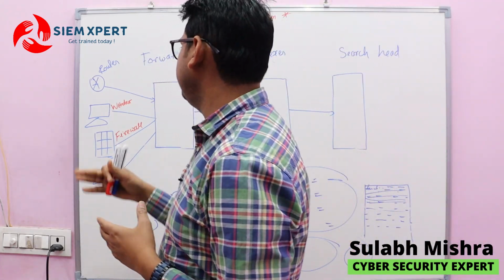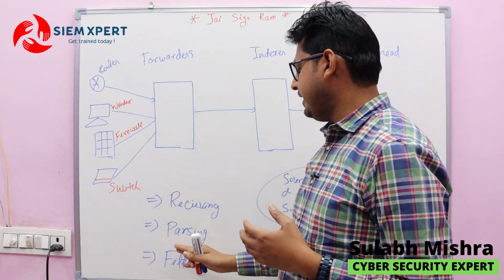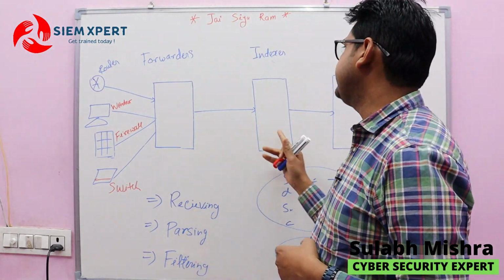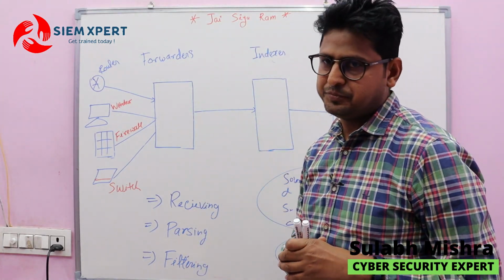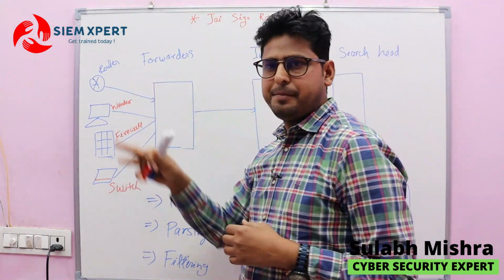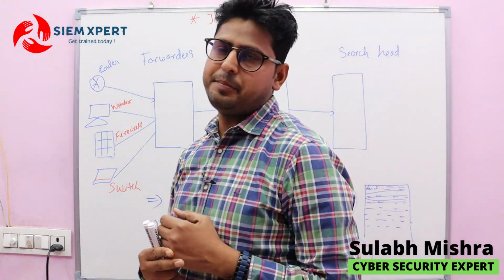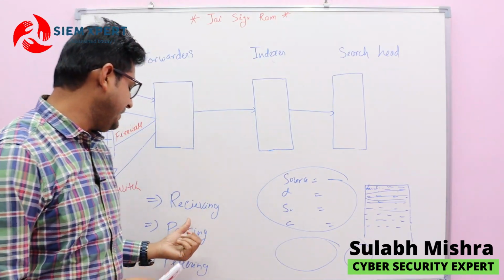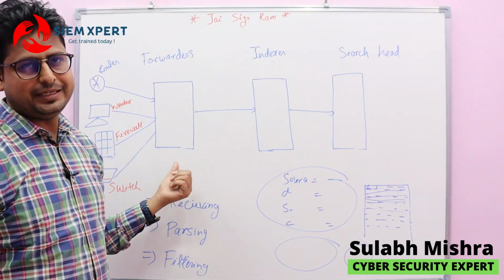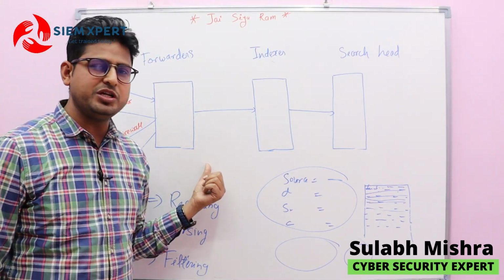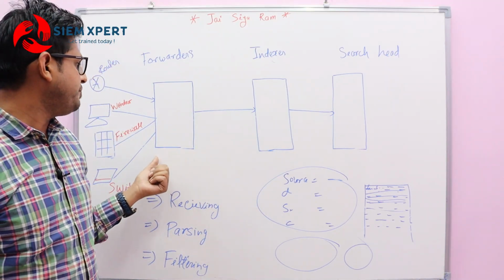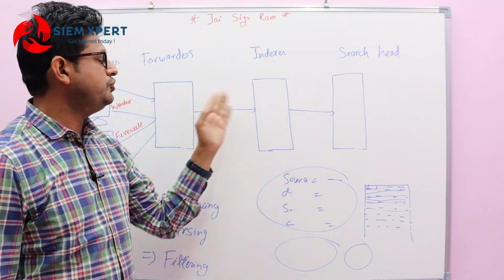So the forwarder will collect the logs, parse the logs, and filter out events before it sends the logs to the indexer, right? The forwarder also has cache memory, a temporary memory that is called a persistent queue in Splunk language. So what happens in case the indexer is not available?